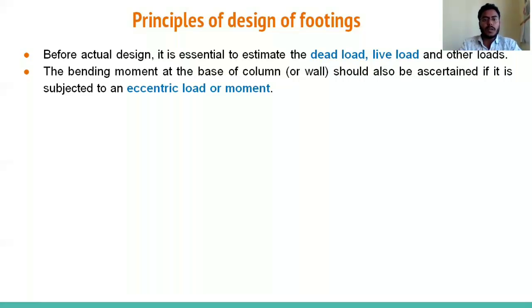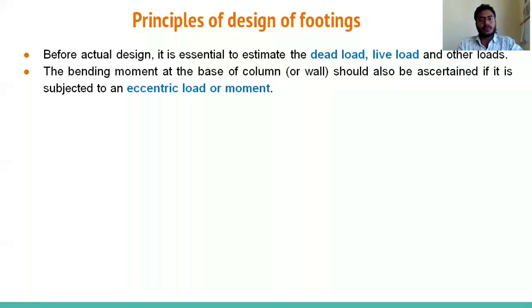If the load is eccentric, some extra moment comes on the structure. Suppose there is a load P and an eccentricity e, so another moment will come: P times e. Because of that moment, on the footing you will see the pressure is less on one side and greater on the other side.